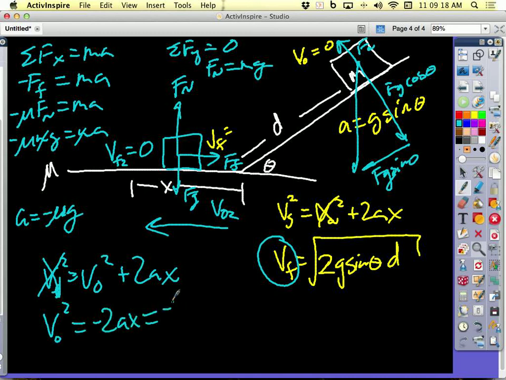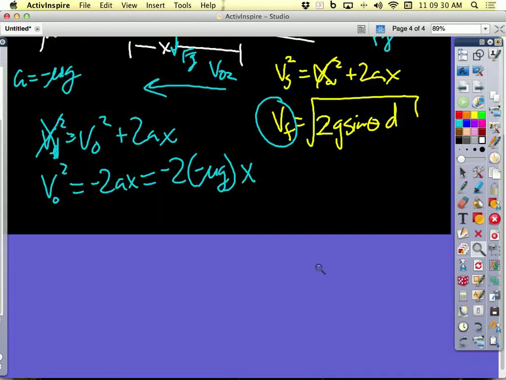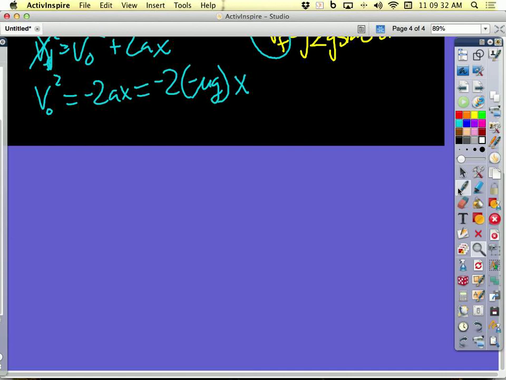Well, negative 2, because a is negative mu g, and then x is what I'm looking for. So I can solve all of this for x, right? So x is equal to v0 squared over, that makes it positive, 2 mu g. That's the answer.